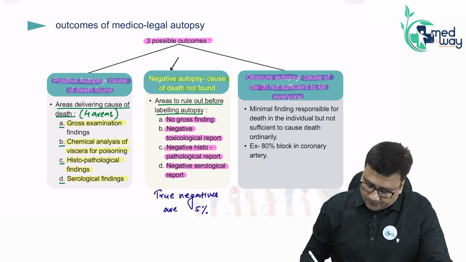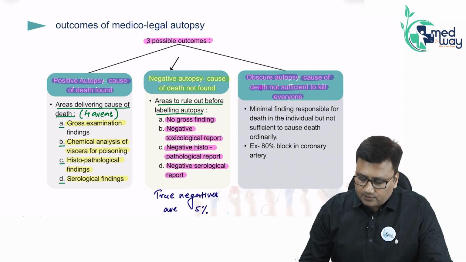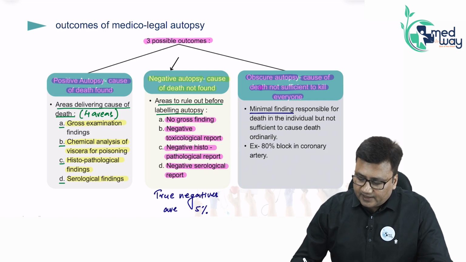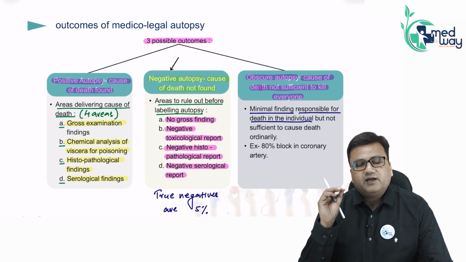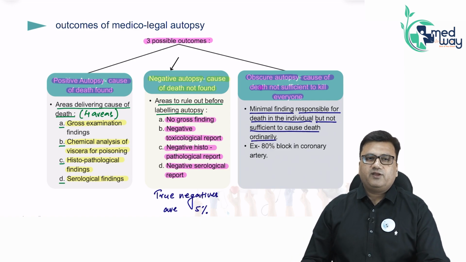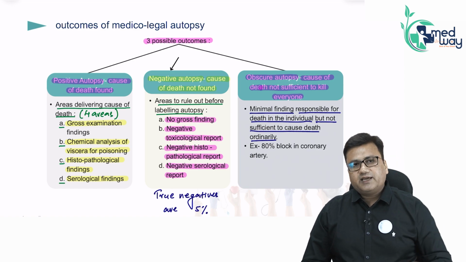What I am saying is cause of death is found, but the findings are minimal. These findings are responsible for the death of that particular individual, but not sufficient to cause death ordinarily in everyone. So, what am I saying?